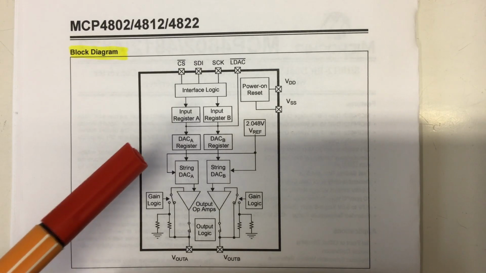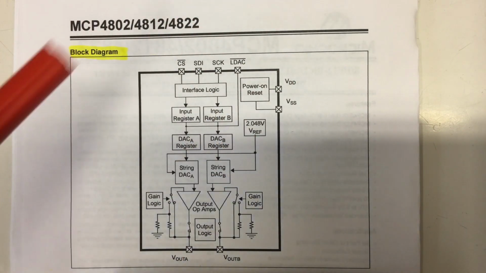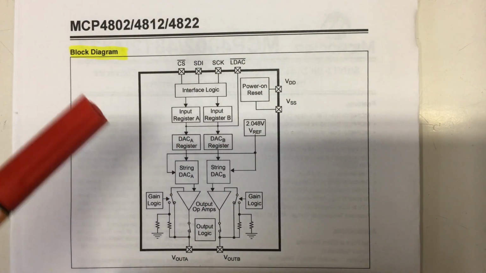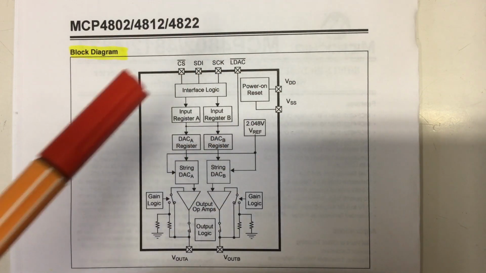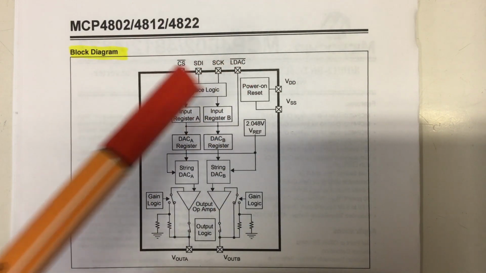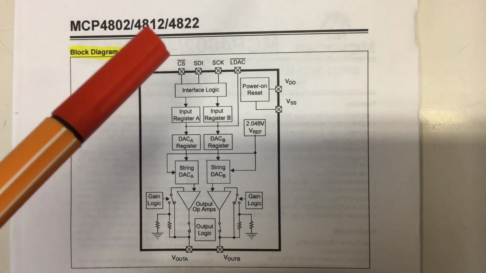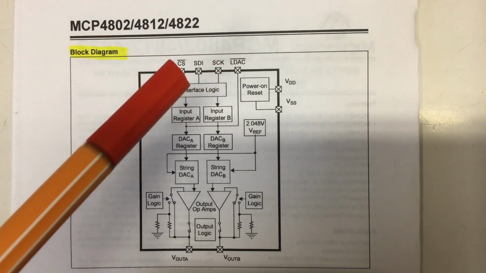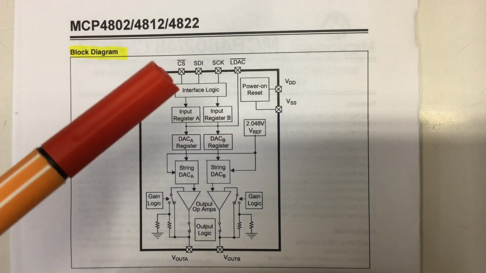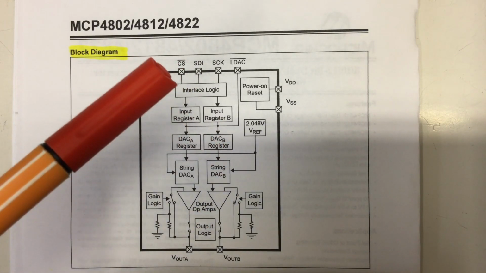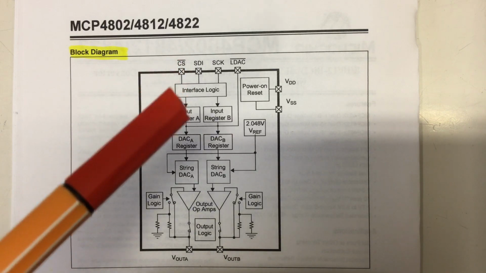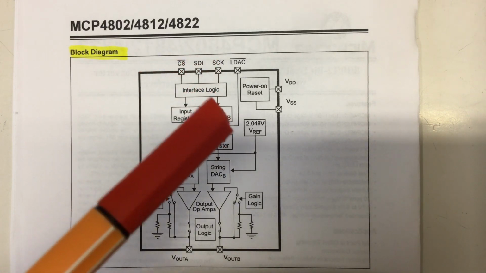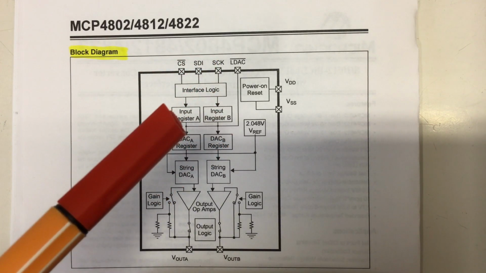Looking at the block diagram, which is also very similar, we saw that in the first part, for all members of the family, we have our SPI interface here, and we pull the chip select low and somehow clock in 16 bits, for configuration and 12 data, and they land in one or the other input register.